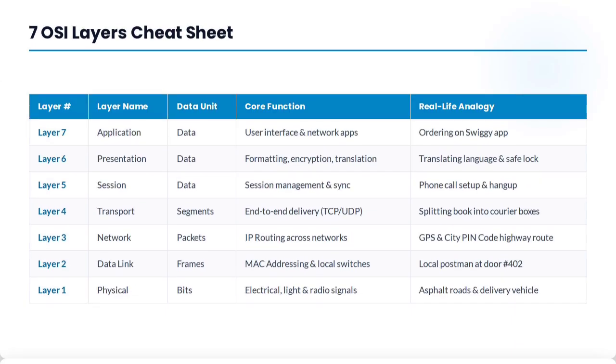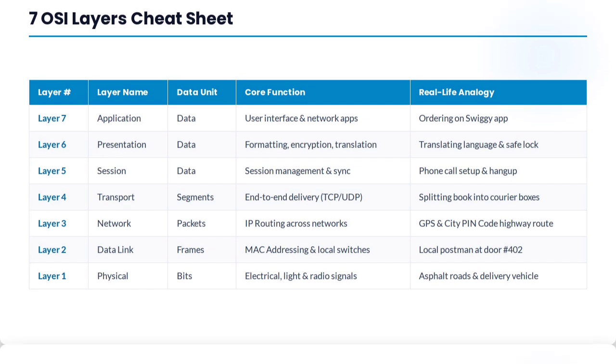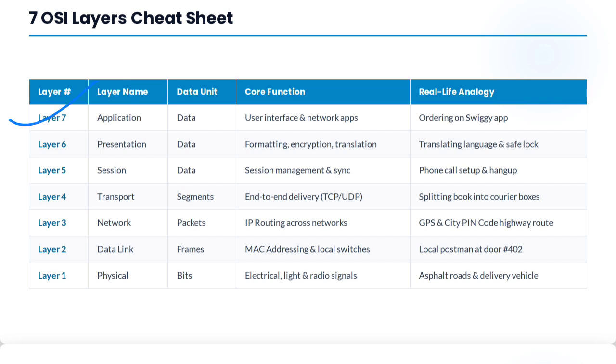Then again, the seven layers. First, the application layer: application data, user interface and network. Next, the presentation layer: formatting, encryption and translating. Session: managing and synchronization, like phone calls. Transport layer: segments, end to end delivery, TCP and UDP.